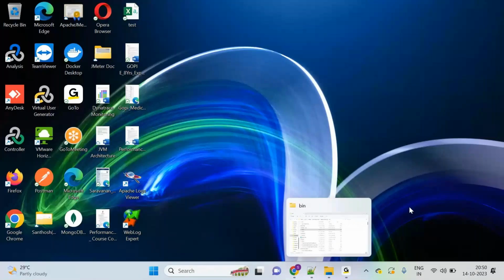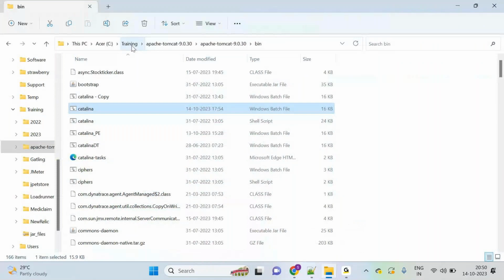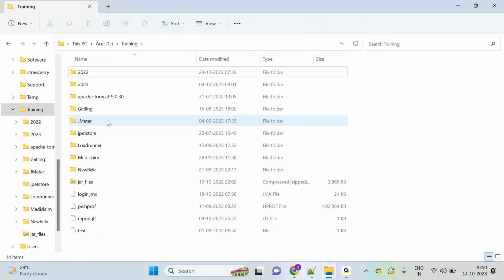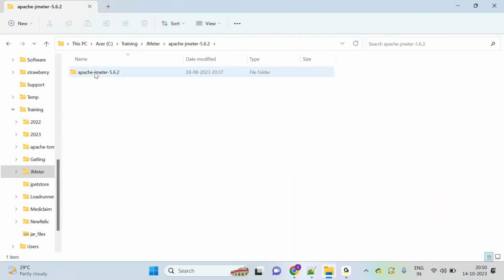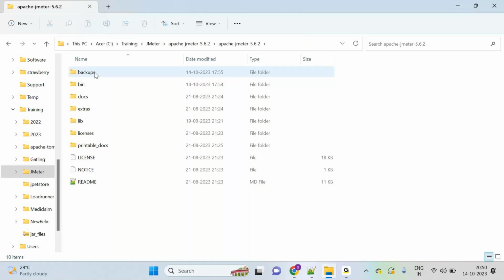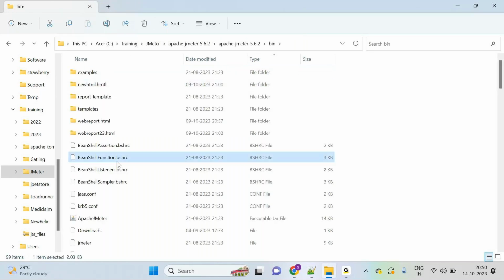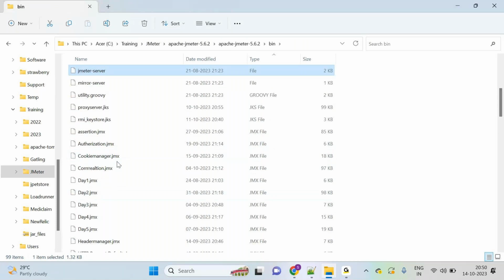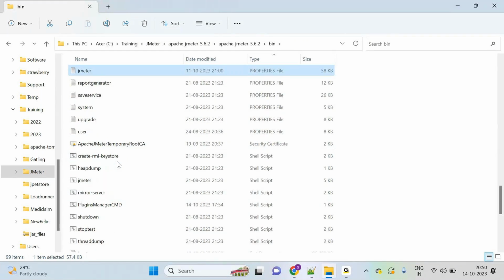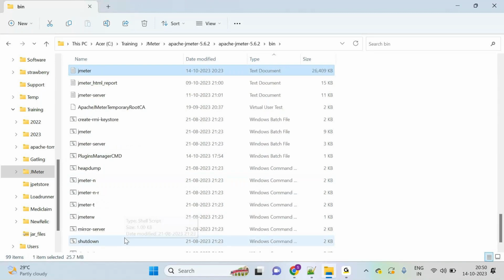So I'll quickly show you. This is my JMeter instance. If I go inside the bin folder, there is a file called the JMeter Windows batch file.